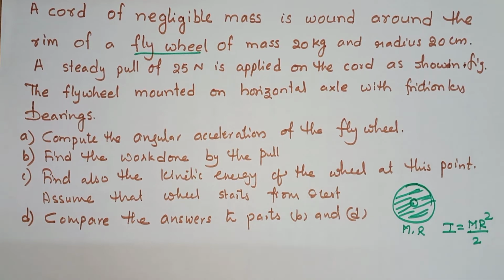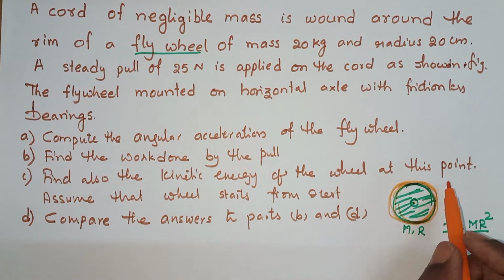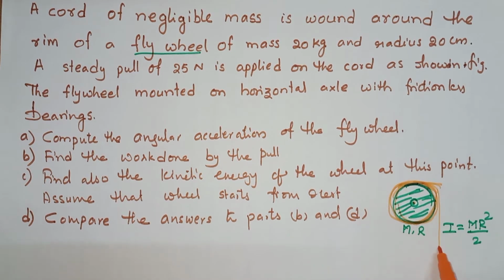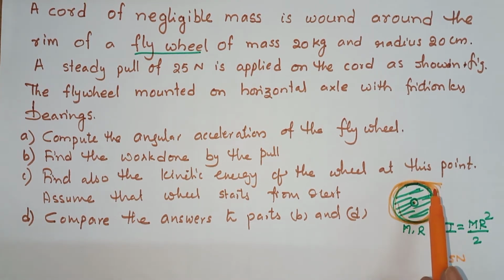A rope or string is wound around it. The center is the axis, which is fixed to a wall so that it can be easily rotated. This is like a horizontal wheel. Now a rope is there, and with 25 newtons it is pulled, so that the wire is taken out from what is wound.